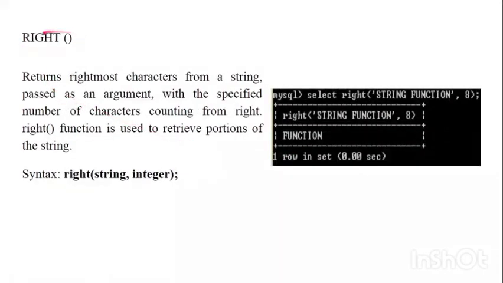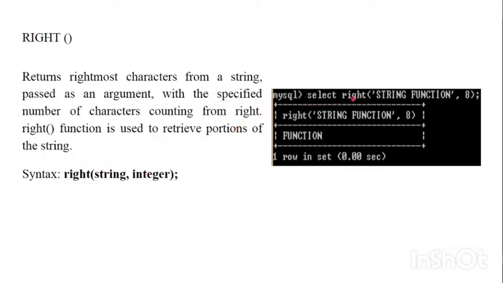Next, right function. It returns the rightmost characters from a string, which is passed as an argument, with the specified number of characters counting from the right. Right function is used to retrieve portions of the string. So the syntax is right string comma integer.